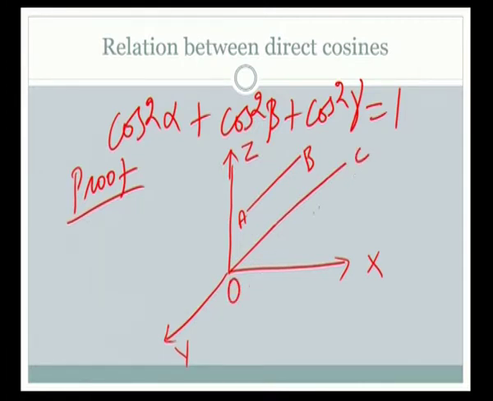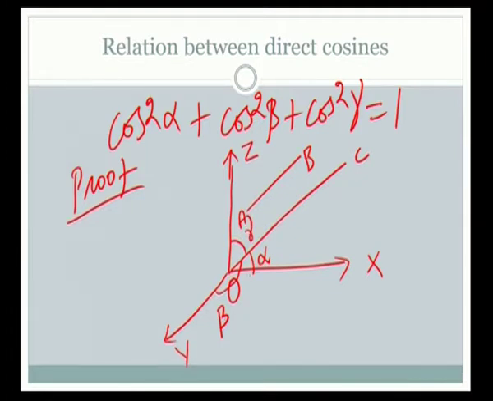The end of that line is named as C, and this line makes an angle alpha with the x axis, and this line makes an angle beta with the y axis. So, this is angle beta, and this line makes an angle gamma with the z axis.